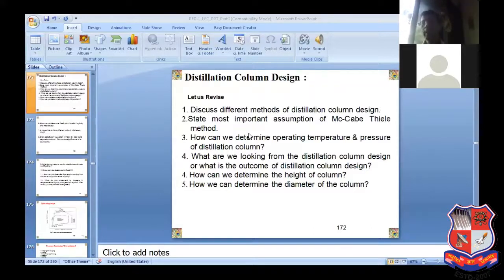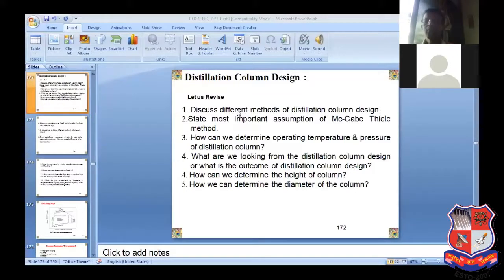If I assume constant molar overflow, it means the flow rate of liquid on tray 1, tray 2, or tray 3 up to the feed tray remains constant. The number of moles, kilomoles per hour, flow rate of liquid on each tray remains constant.